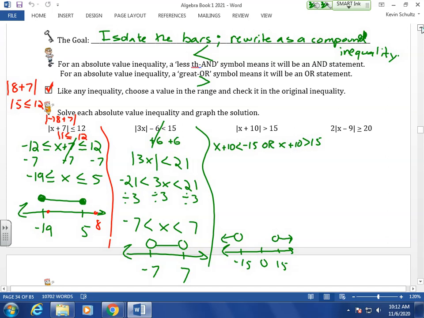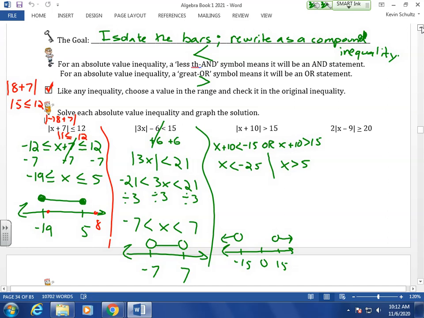As with any OR statements, we're going to solve this separately. We do that little line down the middle. The inequality on the left, subtract 10: x is less than negative 25. The inequality on the right, also subtract 10: x is greater than positive 5.